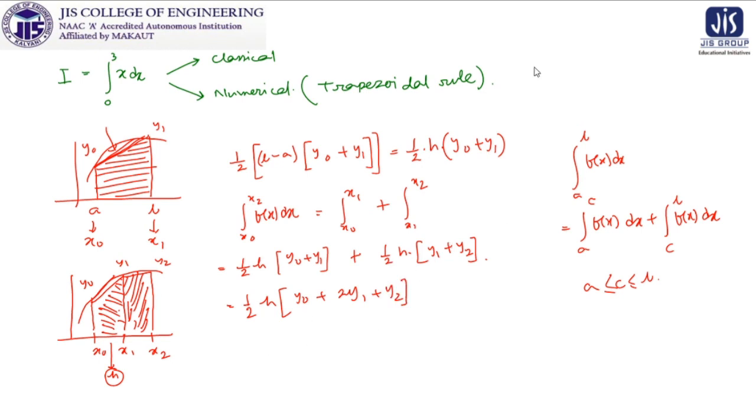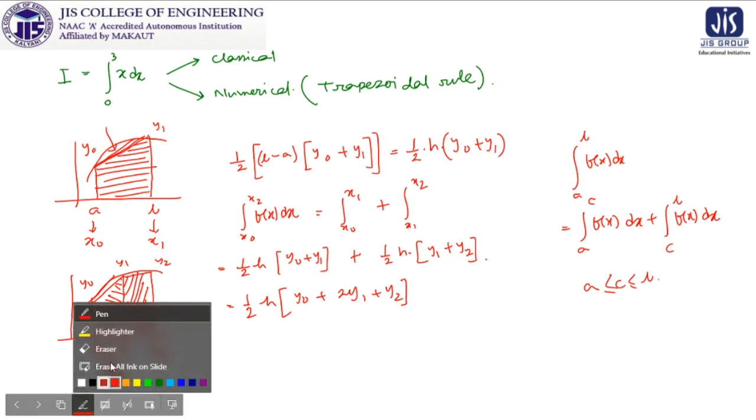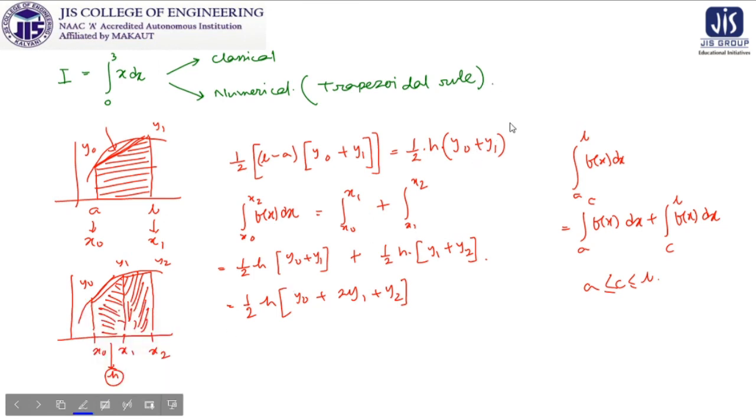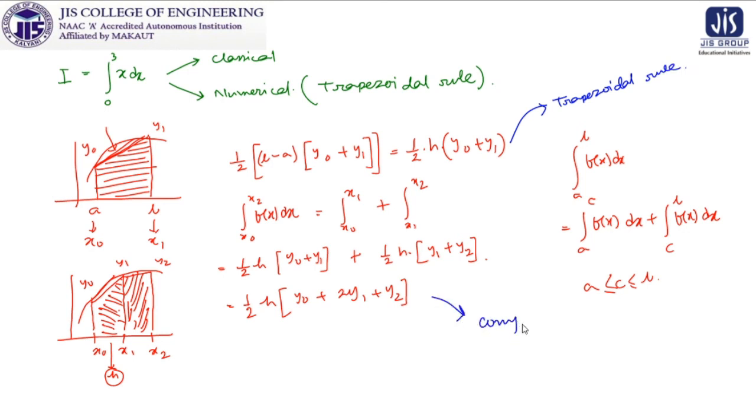Now I think all of you have already identified what I am trying to say: this is my trapezoidal rule and this is my composite trapezoidal rule. What we actually use as our working rule is half into h, then the first value of the function, the last value of the function, and 2 into the intermediate functional values.